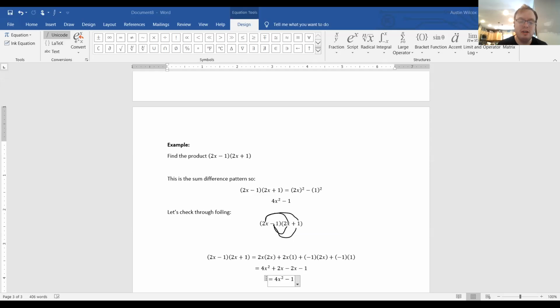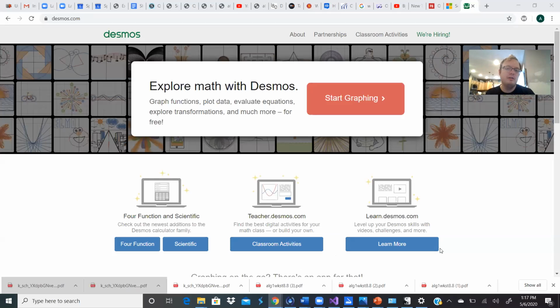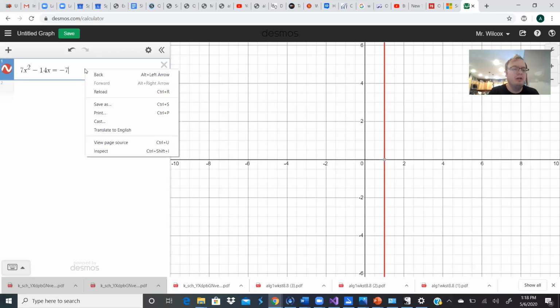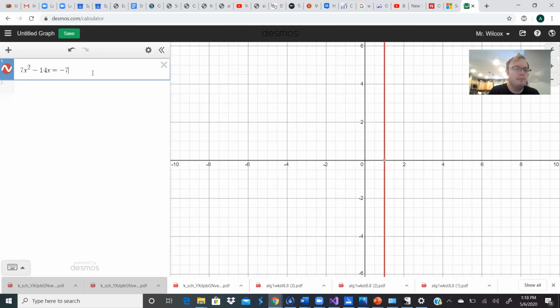And if I graph this on desmos.com, sorry that stopped sharing, if I copy and paste that last equation, maybe for this one I need to change it to x, it doesn't like it when it's not x, plus 7 is equal to y.